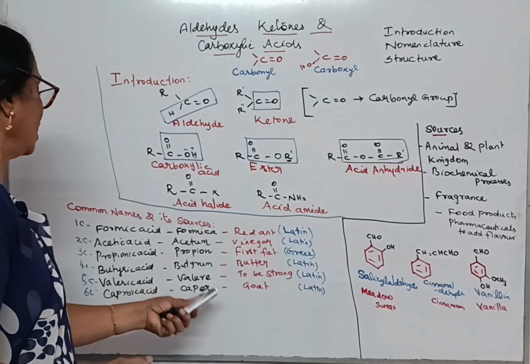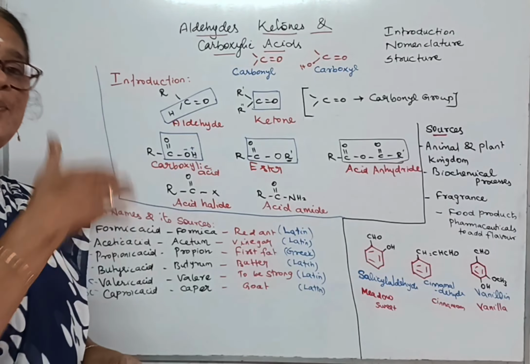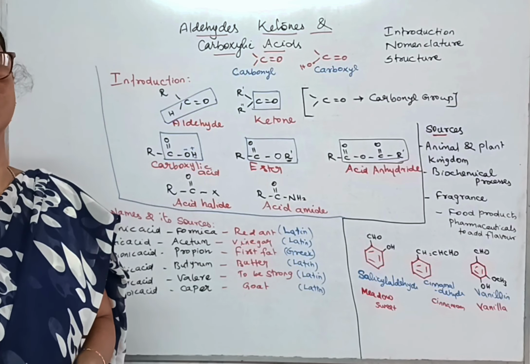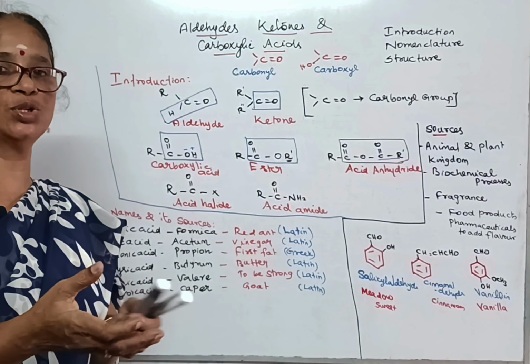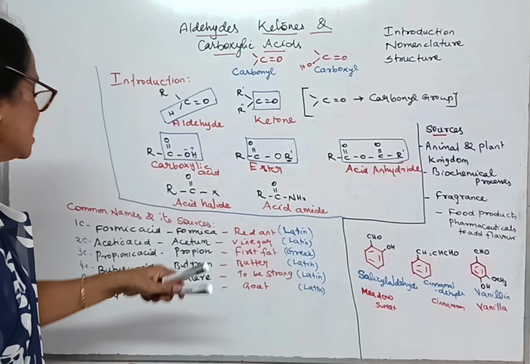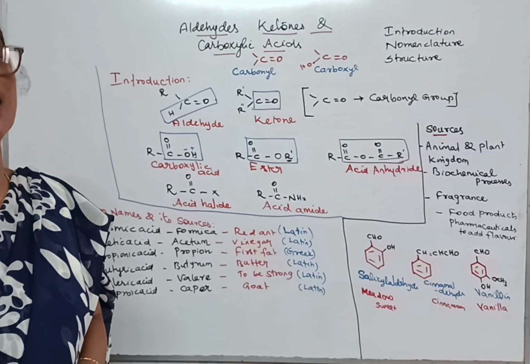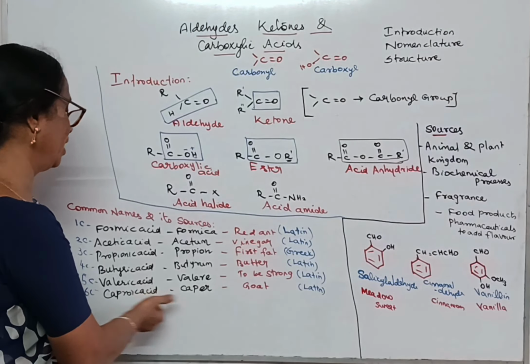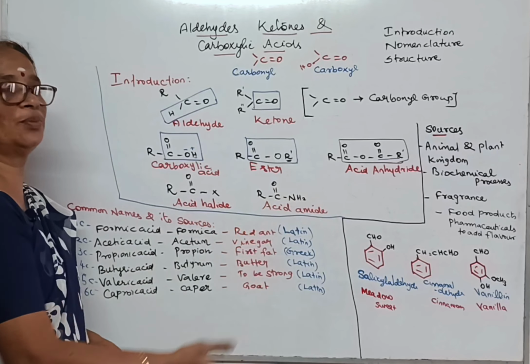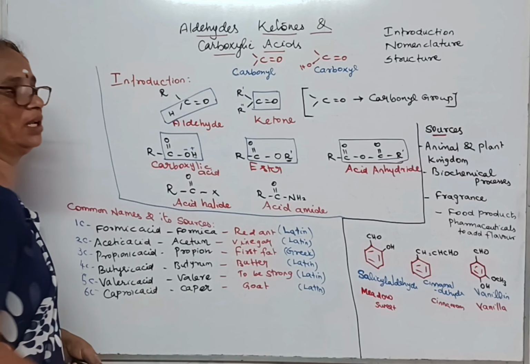Some of these acids are present in the milk produced by mammals in the form of their esters, and hence caproic acid is present in goat milk, so the name caproic acid is given.